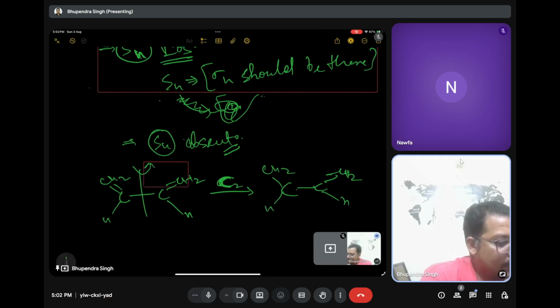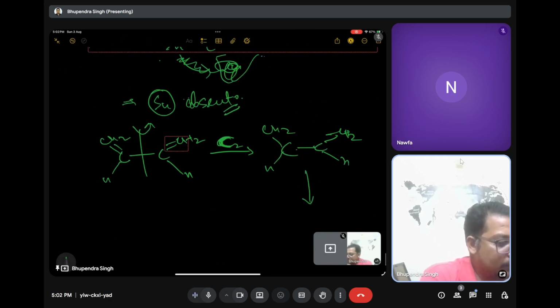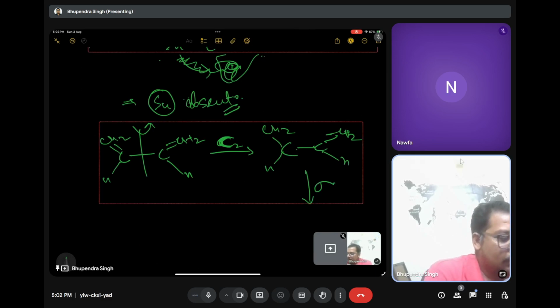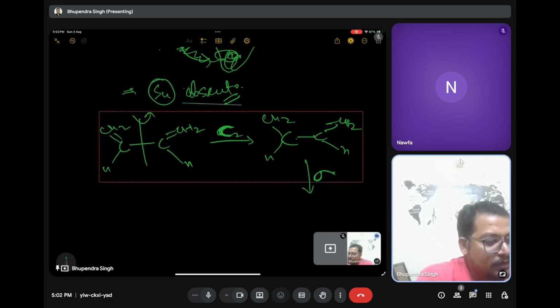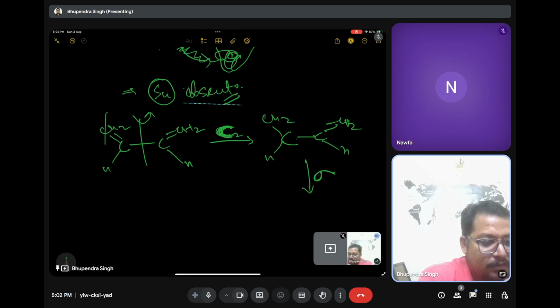Then you have to find out the improper axis of symmetry. To find out the sigma, apply the sigma perpendicular to this C2.